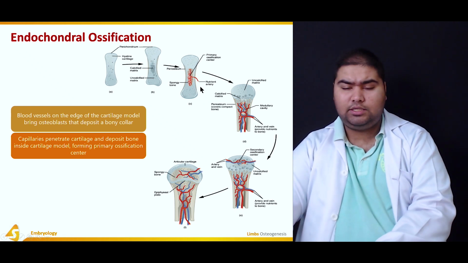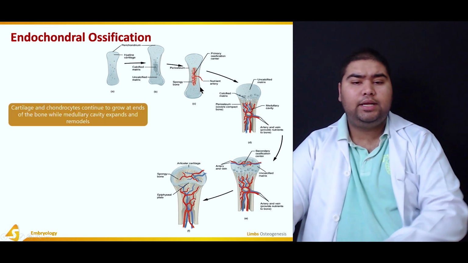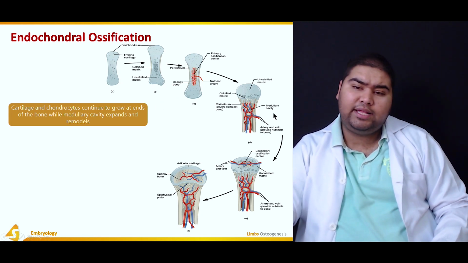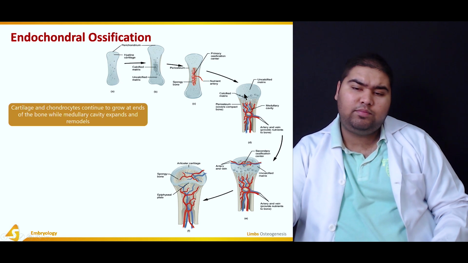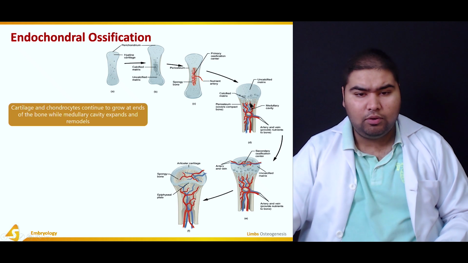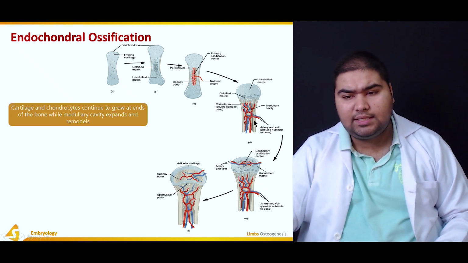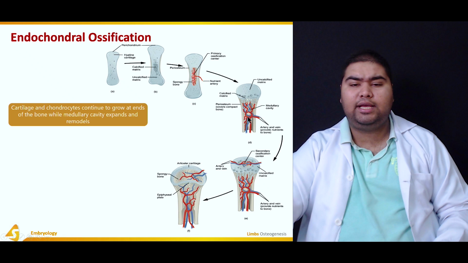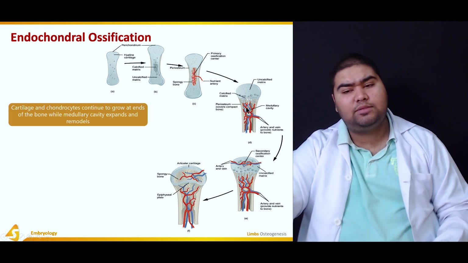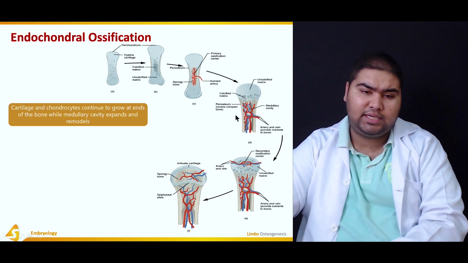Now, the cartilage and chondrocytes continue to grow at the ends of the bone. These are the ends of the bone at which the cartilage and the chondrocytes continue to grow, while the medullary cavity expands and remodels. You can see it clearly, it is expanding and remodeling at the same time.